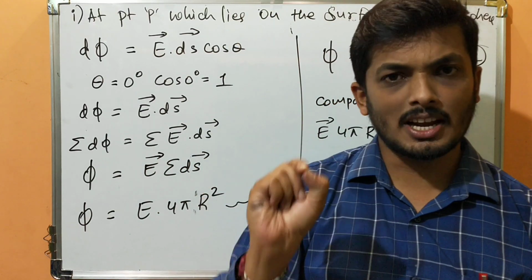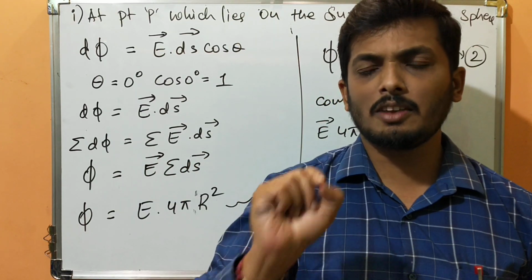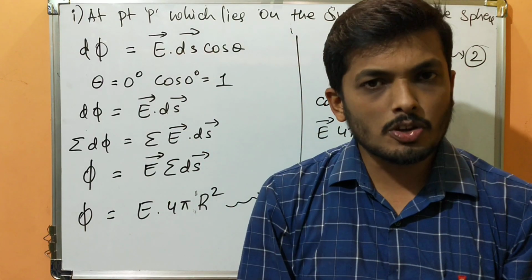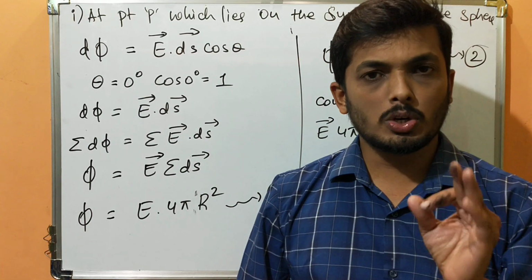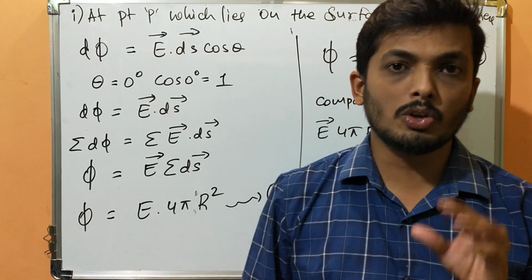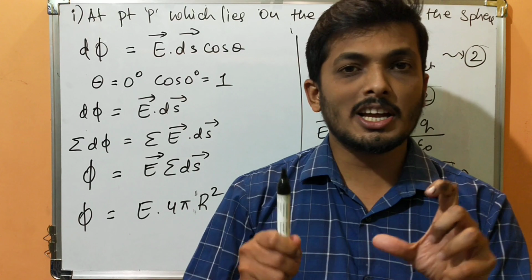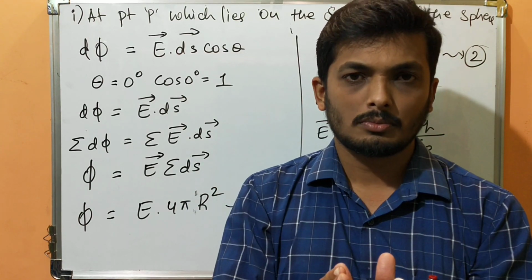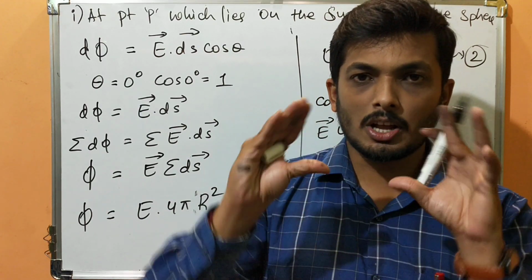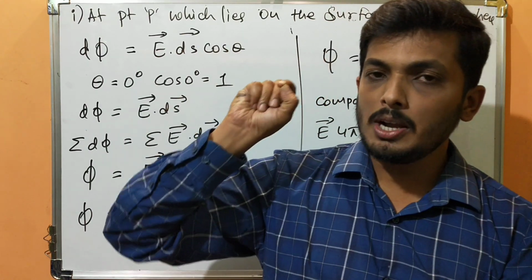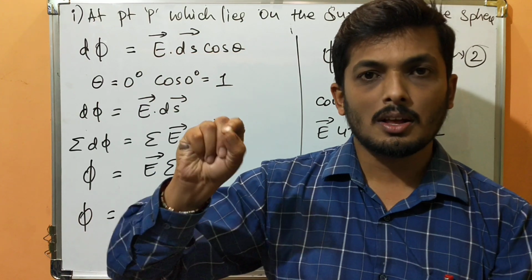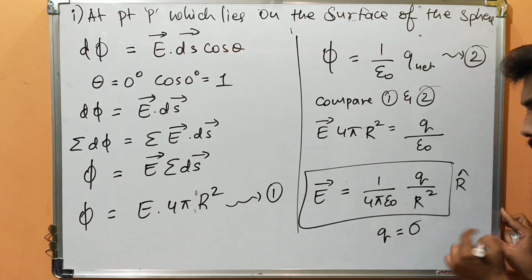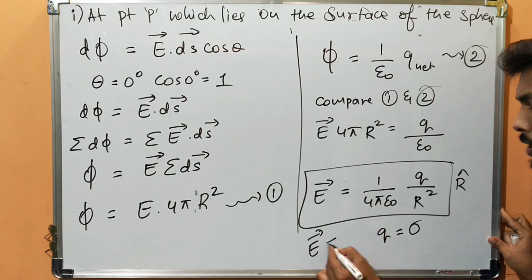in that case the electric field will obviously be zero, because charge always resides on the surface of the conductor. You might have understood the properties of electric field lines, where it is clearly mentioned that charge always resides on the surface of the conductor. So at point P inside the sphere, Q will be 0, and when Q is 0, the electric field will also be 0.